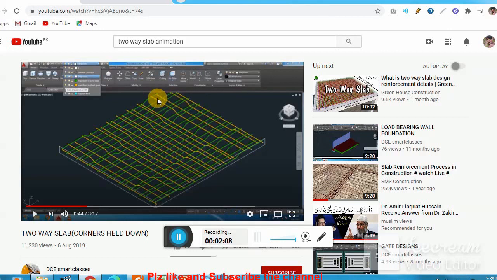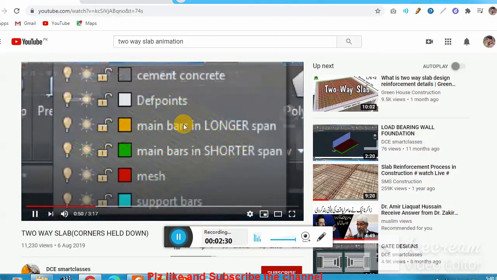So that is called alternate bent up bars. Here you see one straight bar and the other bar with two sides bent up. So different configurations are possible. We can bend up bars in different configurations.